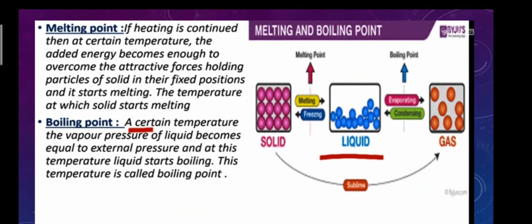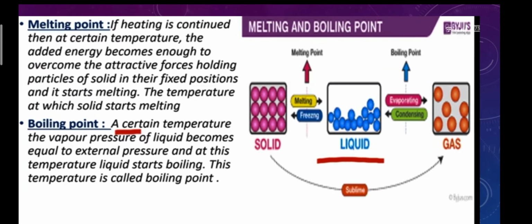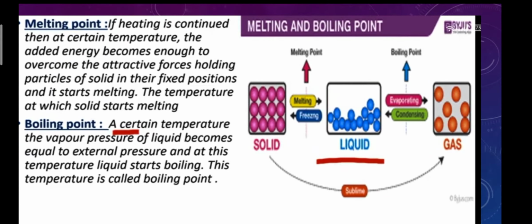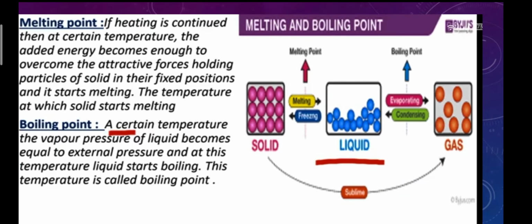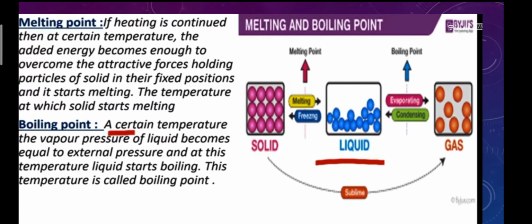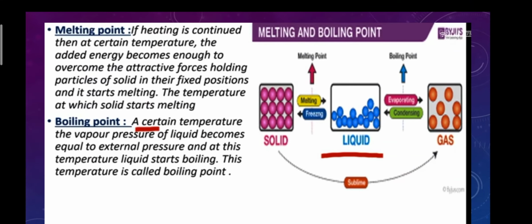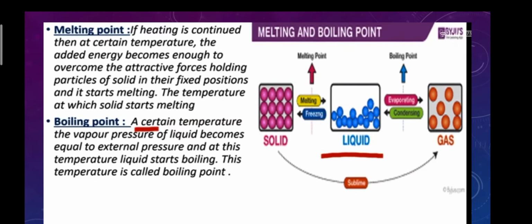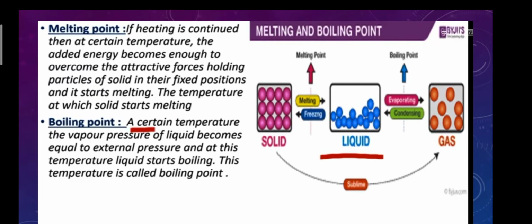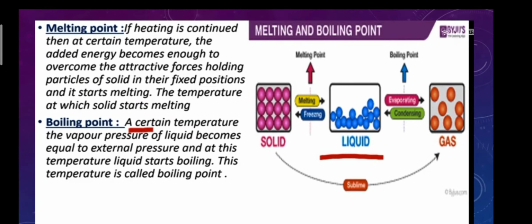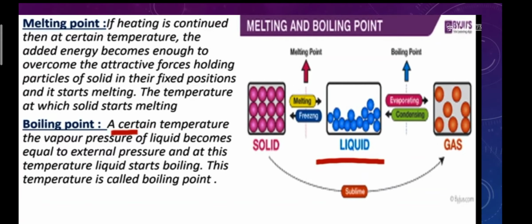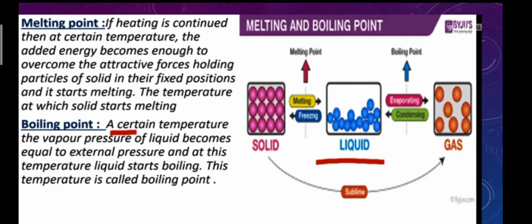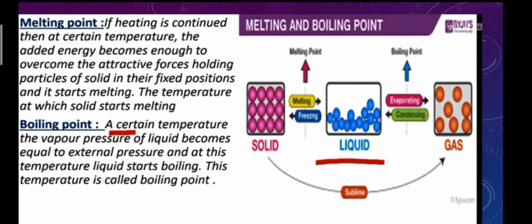Melting and boiling point. If heating is continued, then at a certain temperature, the added energy becomes enough to overcome the attractive forces holding particles of solid in their fixed positions, and it starts melting. The temperature at which solid starts melting is called melting point.